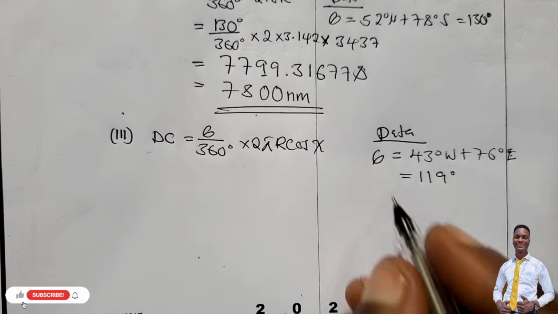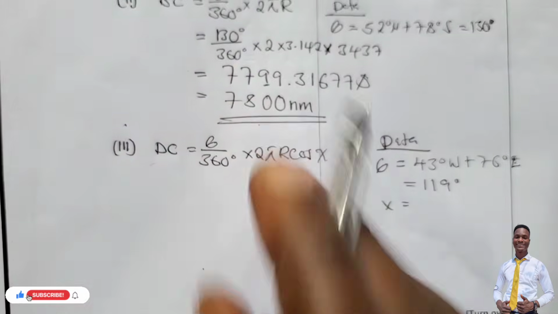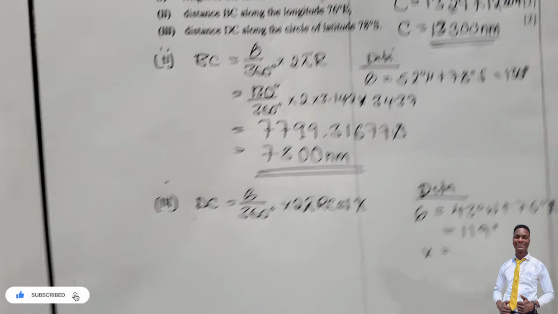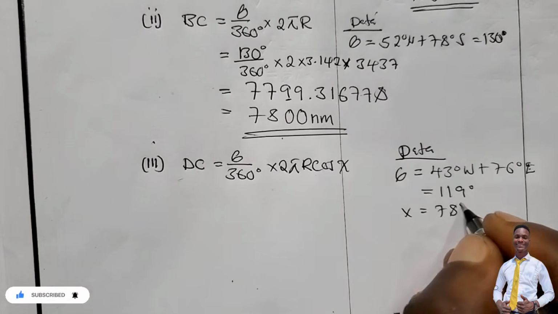Then x is the latitude, which is just 78 degrees.